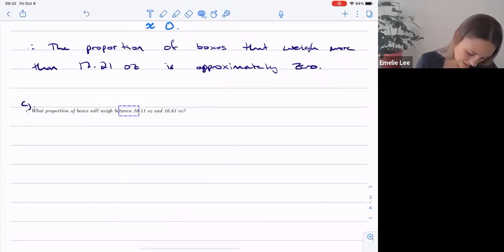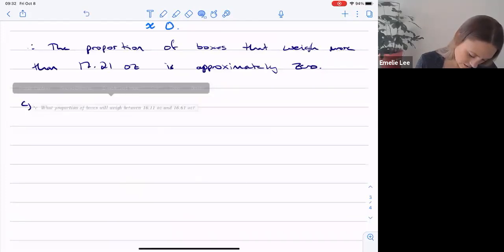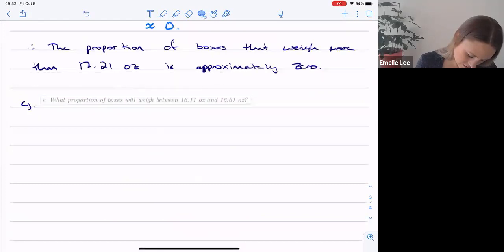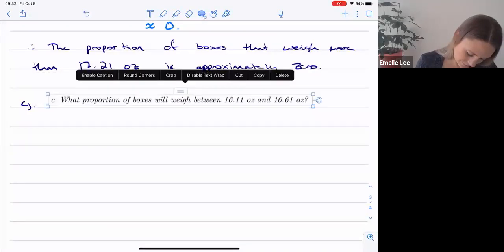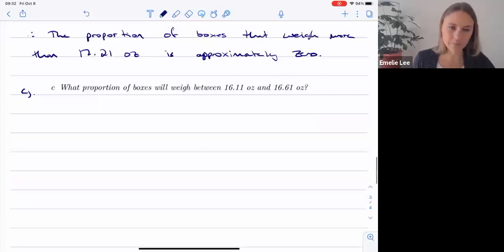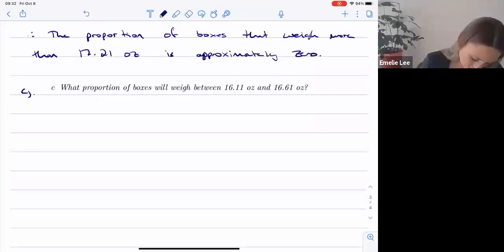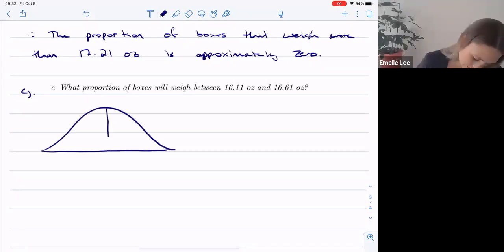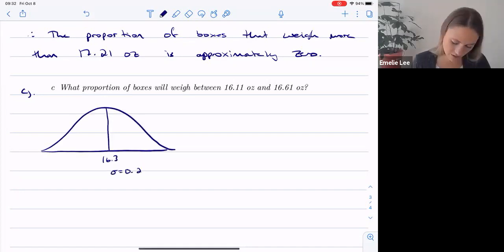Okay, so again, what are we going to do? We're going to draw out our curve, draw our normal distribution here. It's still centered on 16.3 and sigma is still 0.2.